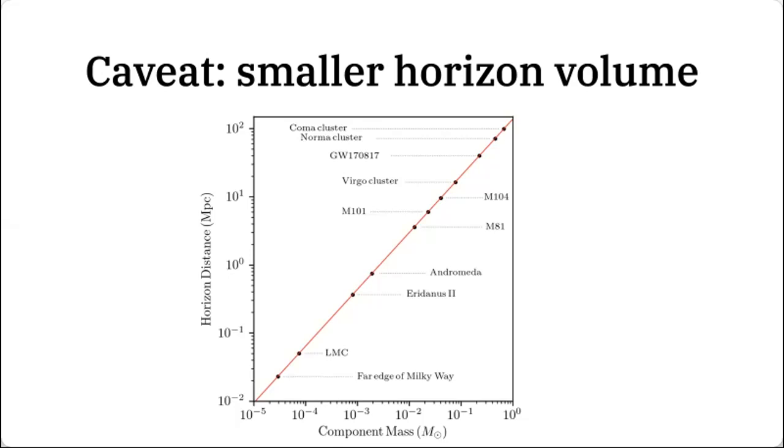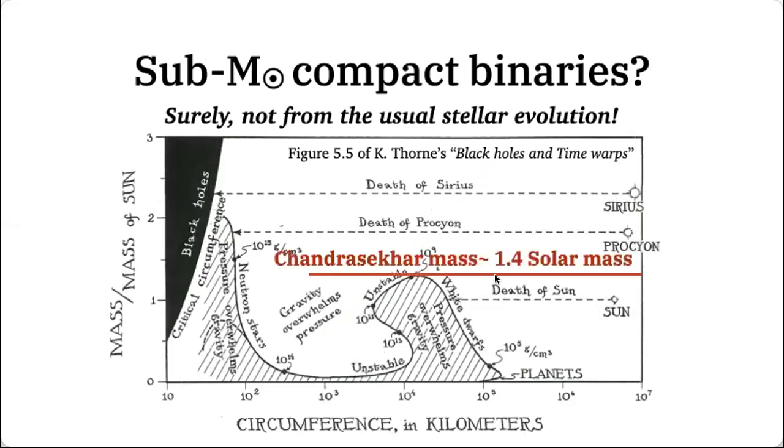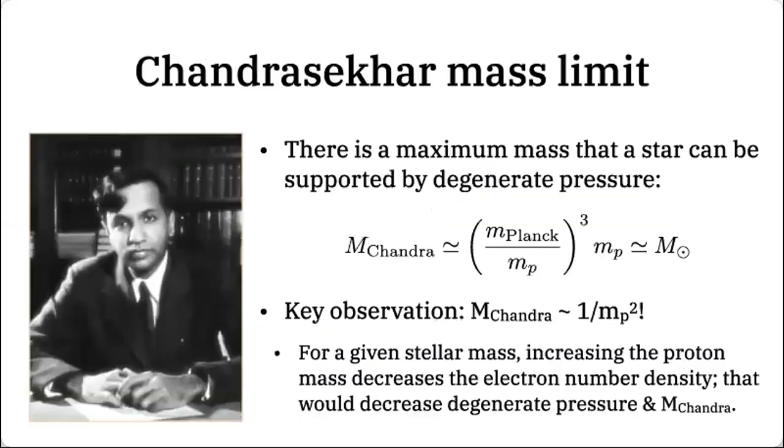Thank you. Okay. So heavy stars will end up as a neutron star, right? And then even heavier stars will end up as a black hole. So even though we don't know exactly what the maximum mass of a neutron star is, what we know is that there's a Chandrasekhar mass limit below which all stars will end up as a white dwarf. If you look at this equation for the Chandrasekhar mass limit, it's a very interesting equation because it only involves two parameters.